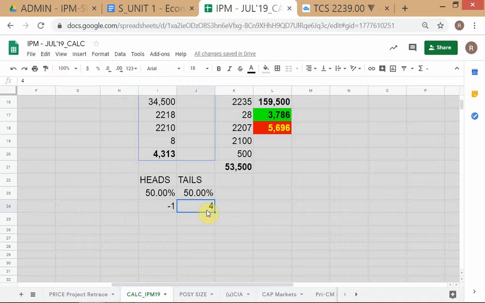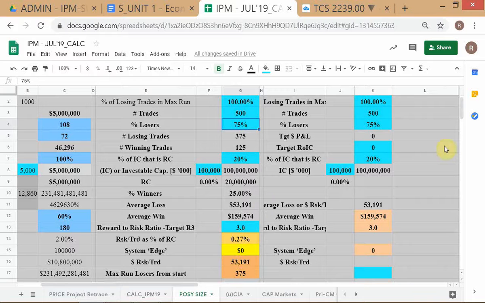Since system edge is nothing but the mathematical expectation of the trading system, when you're calculating system edge, it should be probability of loss times magnitude of loss with the minus sign plus probability of win times magnitude of win. Are you agreed? Yes, sir.